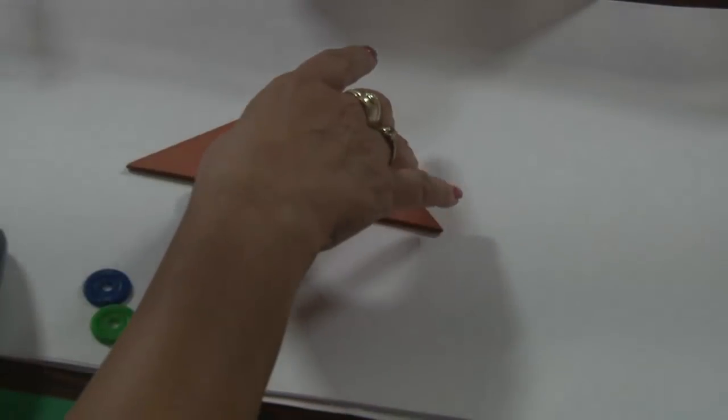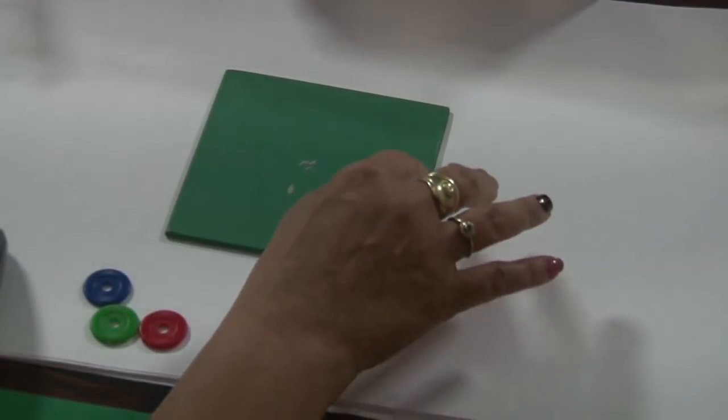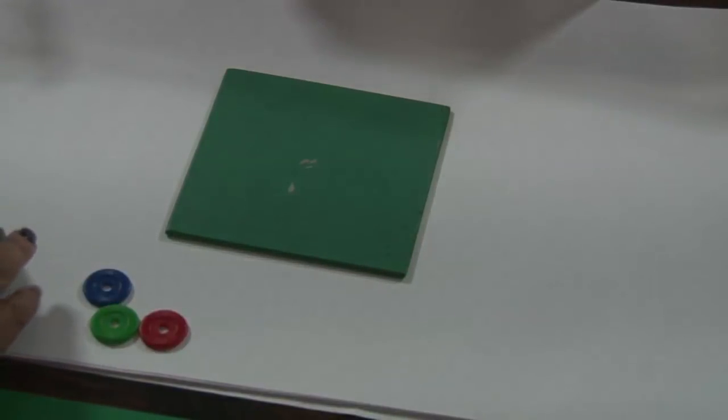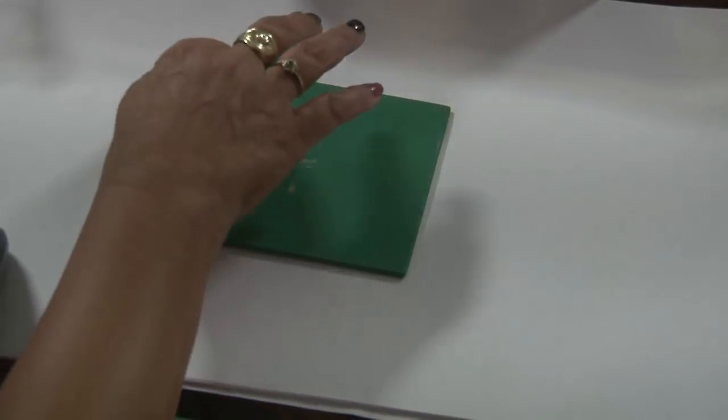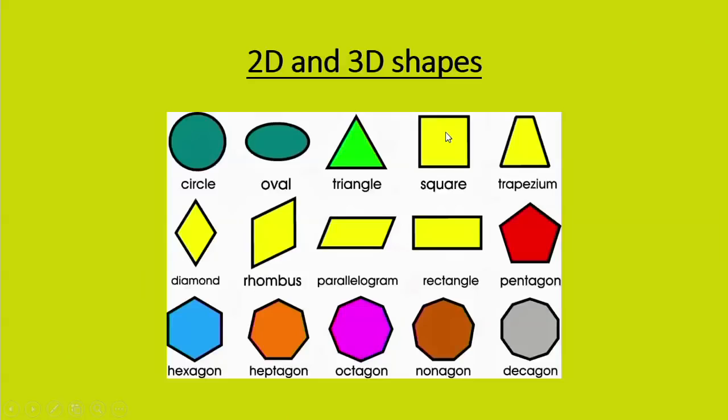Why do I call a shape a square? The properties of a square, it has 4 sides and it has angles that are 90 degrees. So let's look at the square and the rhombus, for instance.